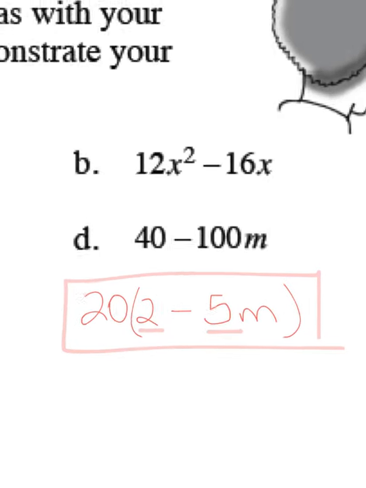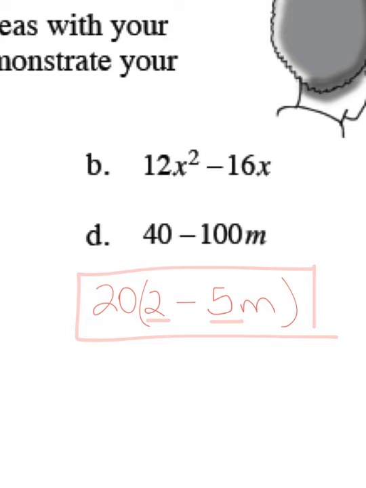If we go up to problem B, this is a case of greatest common factor. 12 and 16 can both be divided by 4, and both terms have an x in them. So our greatest common factor is actually going to be 4 and x.